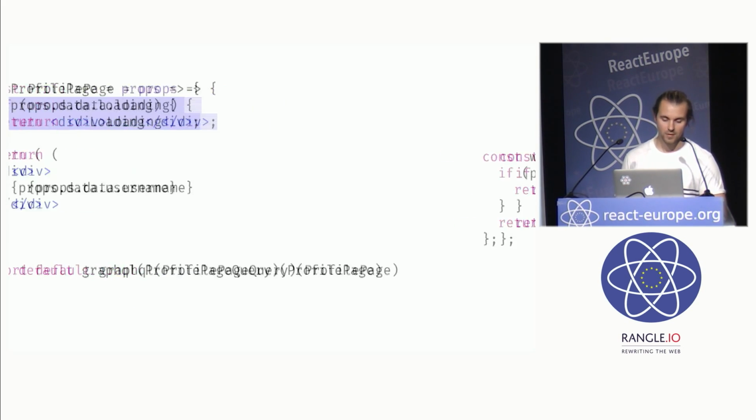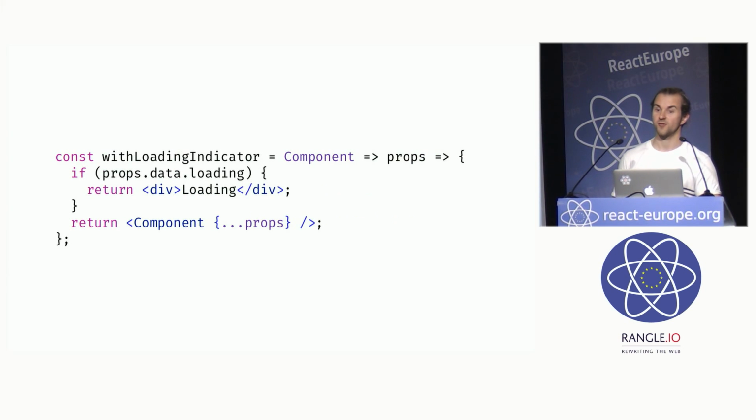Well, cool. So what can we do with repetition? We can extract it. Awesome. So let's build a higher order component. Pretty straightforward. We have our withLoadingIndicator. It takes a component and it gets props, and we simply return JSX. You don't have to return the component that you actually get, because you can return anything.